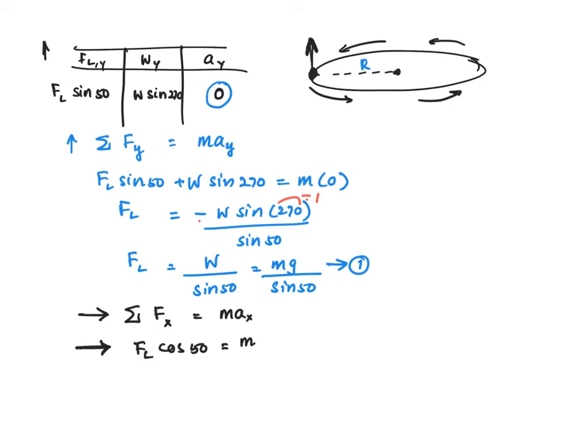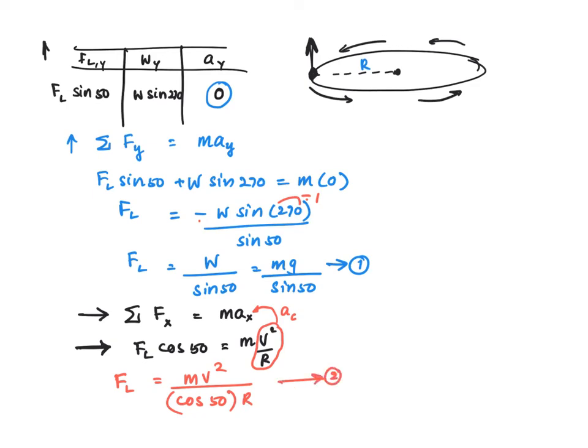And then we got mass times AX, V square over R. The reason that I replaced A by V square over R is because this AX over here is the centripetal acceleration, because this is the acceleration pointed in the direction of the center. So here I have FL equals mass times V square over cosine 50 times R down here. And this is going to be our second equation.